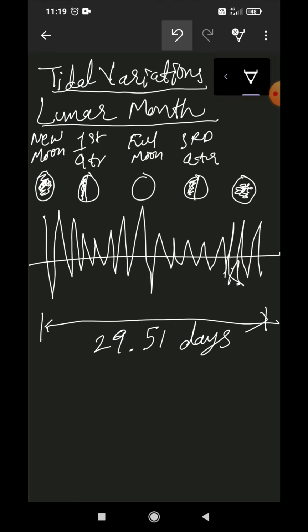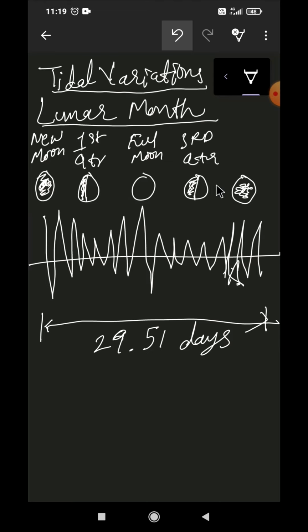In a full lunar month we have various phases: first a new moon, then the first quarter, then a full moon, then the third quarter, and then again a new moon.